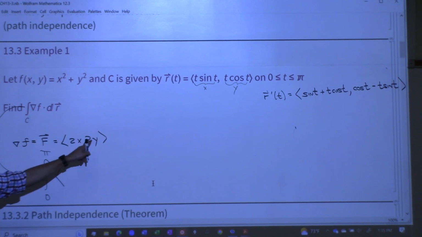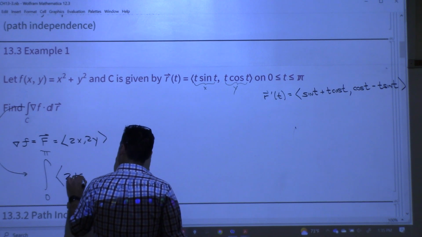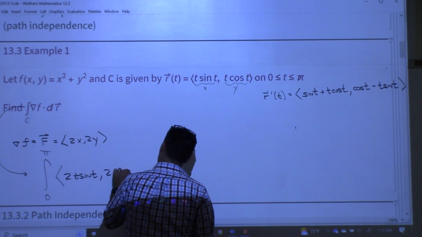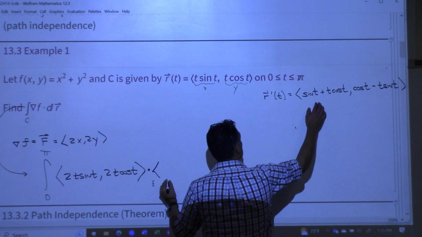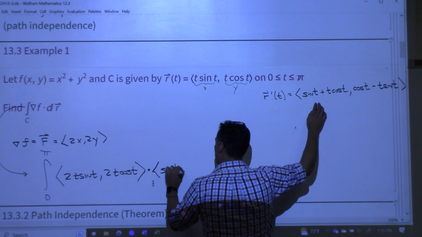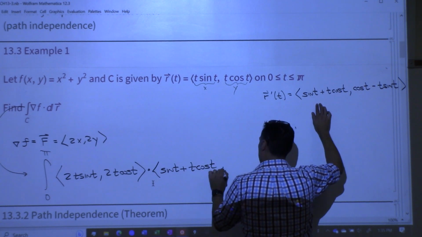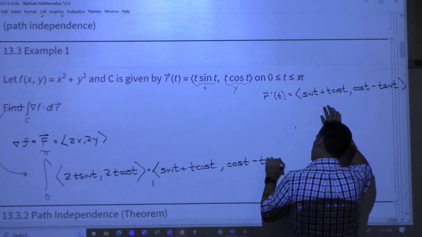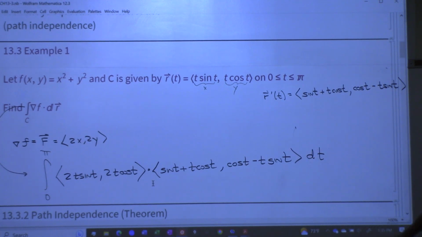With t sine t and y with t cosine t. So 2t sine t, and then 2t cosine t. And then I need to dot that still with this thing, sine t plus t cosine t, yuck, cosine t minus t sine t. Got to dot those. This is with respect to t. Any questions?